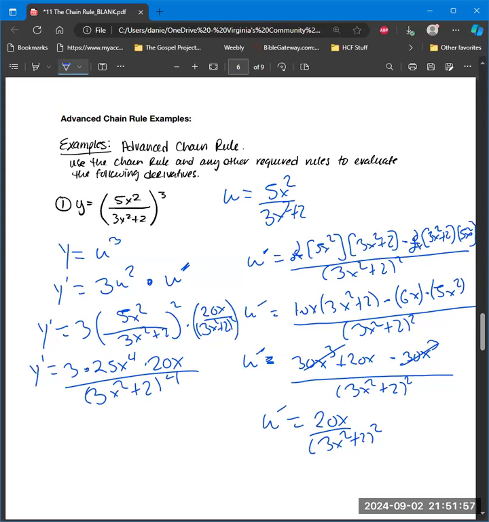So we have y prime is equal to 1500 x to the fifth over 3x squared plus 2 to the 4th. And that's it.